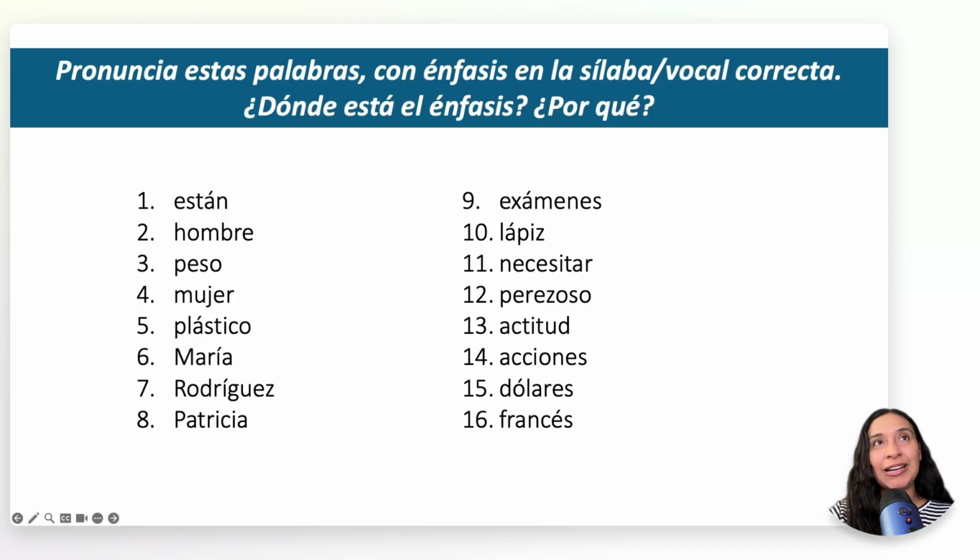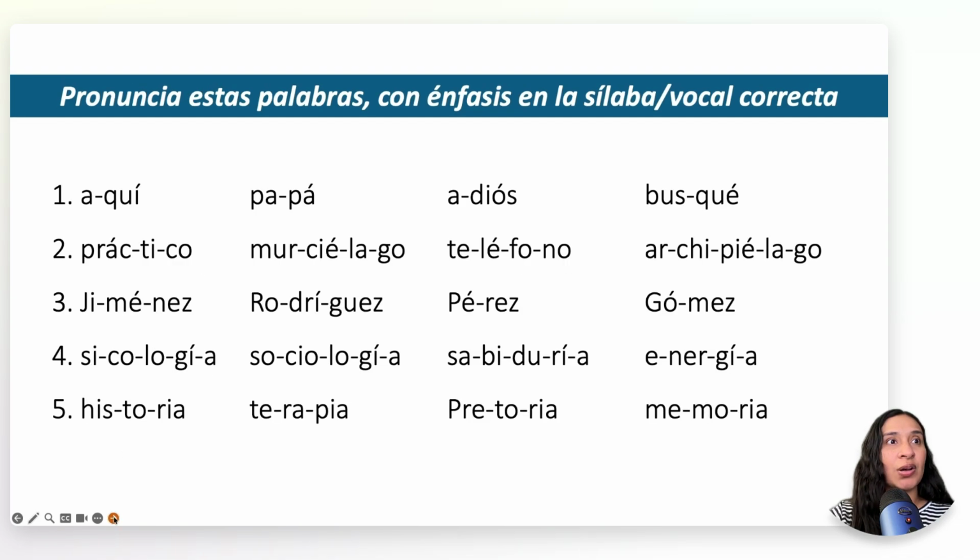Okay, so let's move on. Let's go to more words that you can pronounce. Here, what I have done is that I have divided them into syllables, for you to practice. So one more time, you can pause the video, do the exercise.